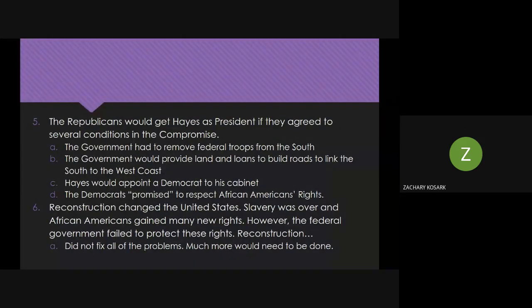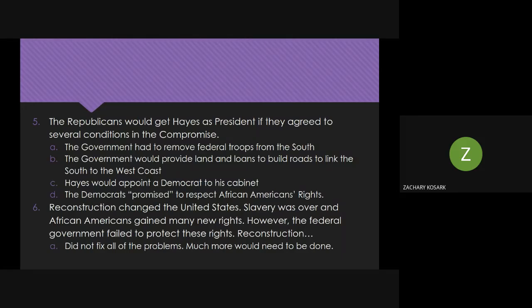Reconstruction changes the United States. Slavery is over, and African Americans gained many new rights. However, the federal government failed to protect these rights, and they are there. They have them in the 13th, 14th, and 15th Amendments, but African Americans can do nothing to access those rights if the states that they're living in do not want them to have them.